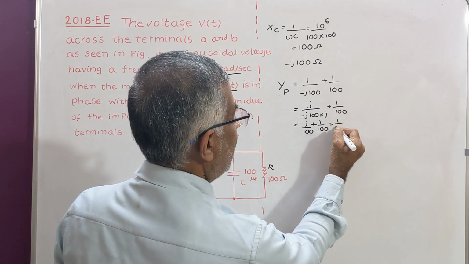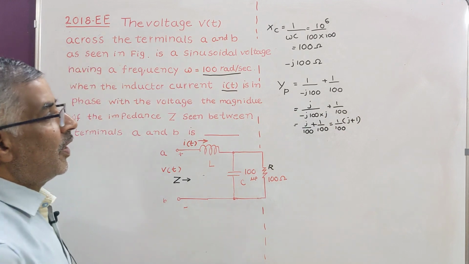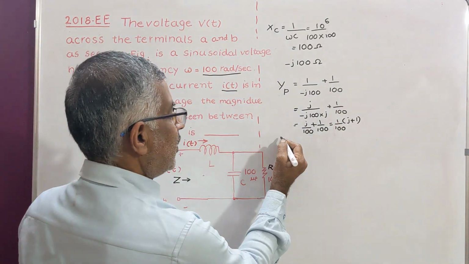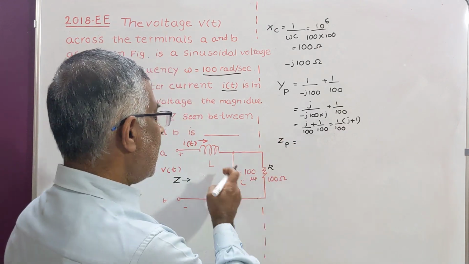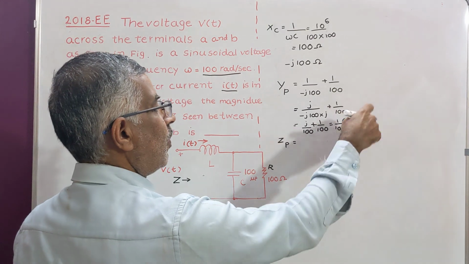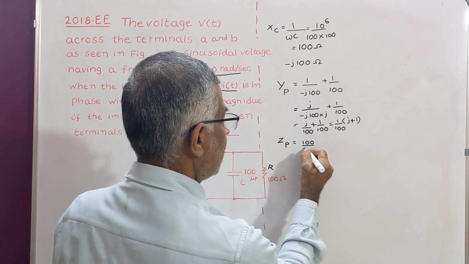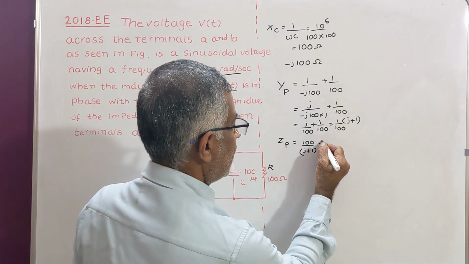Therefore, 1 by 100 into J plus 1. Now, I will write the impedance for this parallel circuit. The impedance for this parallel circuit is the reciprocal of this. That is 100 by J plus 1 ohms.